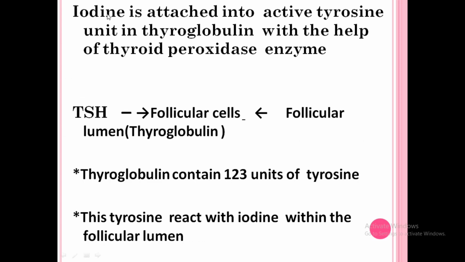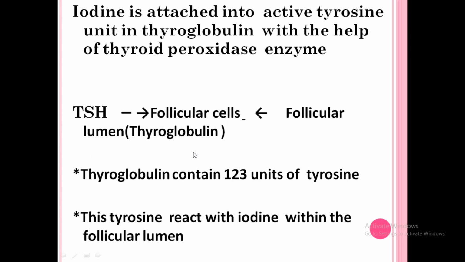Iodine is attached to active tyrosine units in the thyroglobulin with the help of the thyroid peroxidase enzyme. When TSH, or thyroid stimulating hormone, is produced, it stimulates the follicular cells present in the thyroid gland. These follicular cells reabsorb the thyroglobulin present in the follicular lumen.